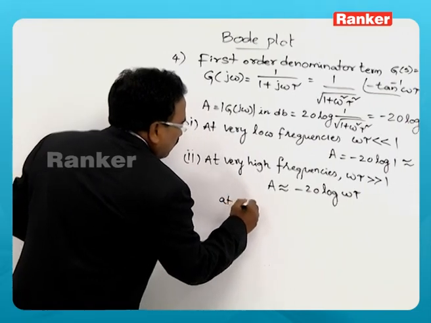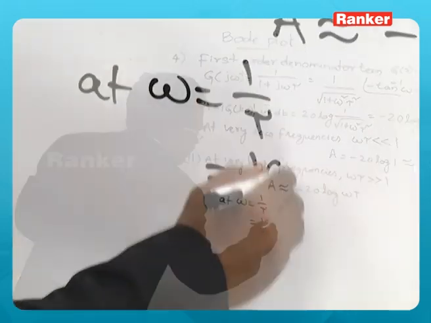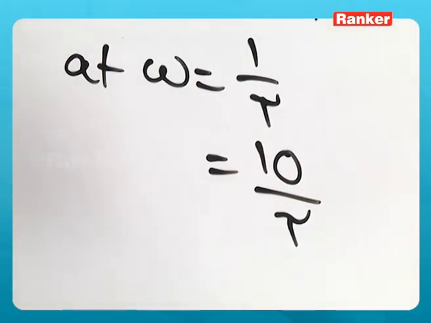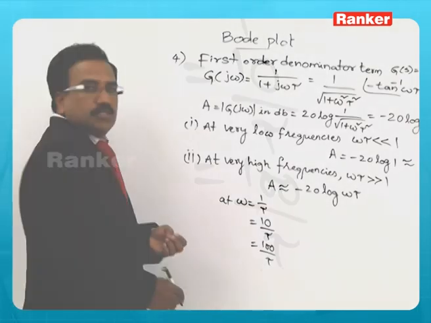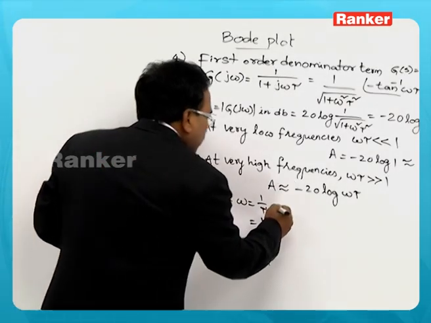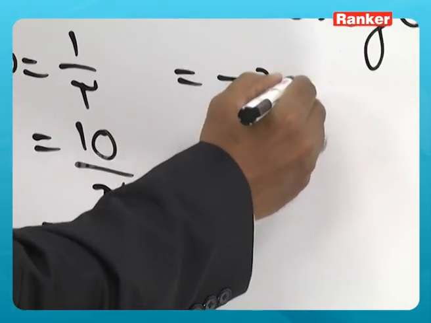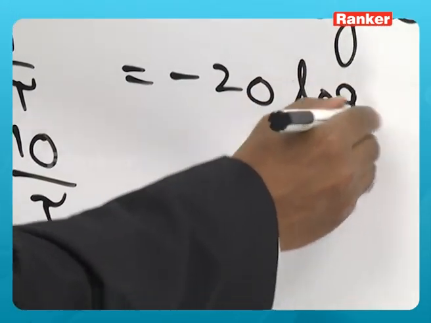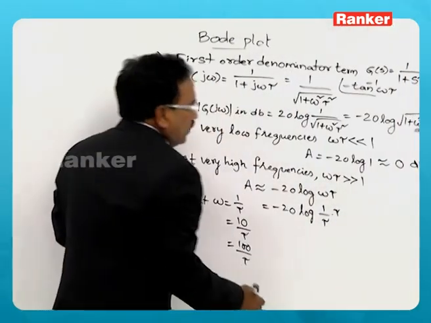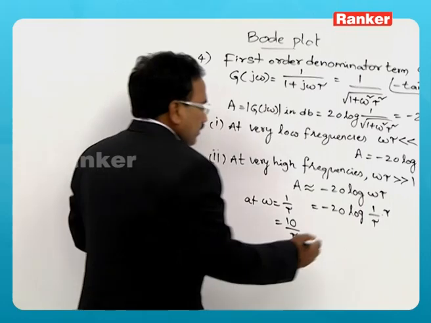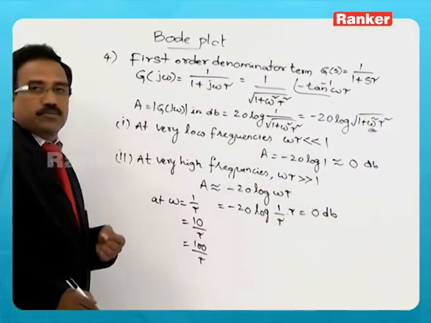So, at omega equal to 1 by tau, omega equal to 10 by tau, omega equal to 100 by tau, and so on. At omega equal to 1 by tau, the magnitude is minus 20 log of 1 by tau into tau. So, it becomes log 1. So, the magnitude is still 0 dB even at this value.